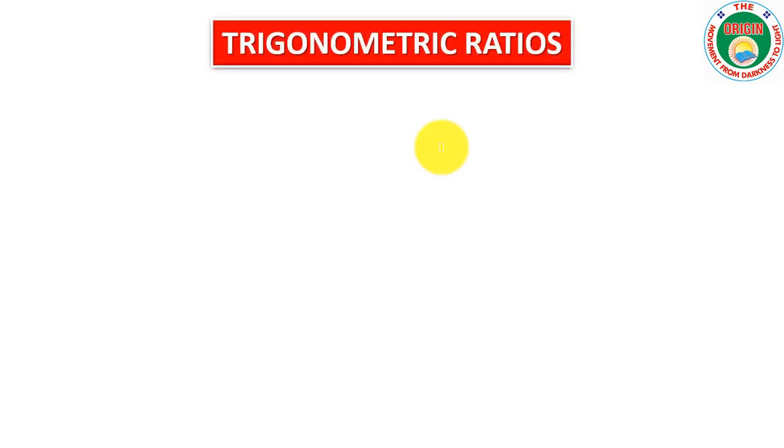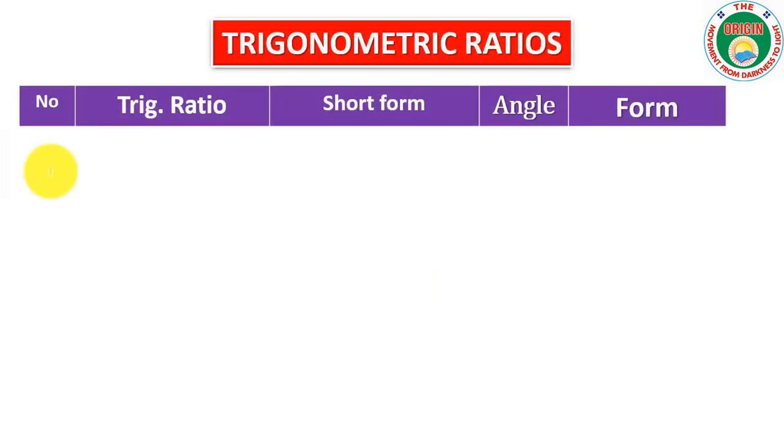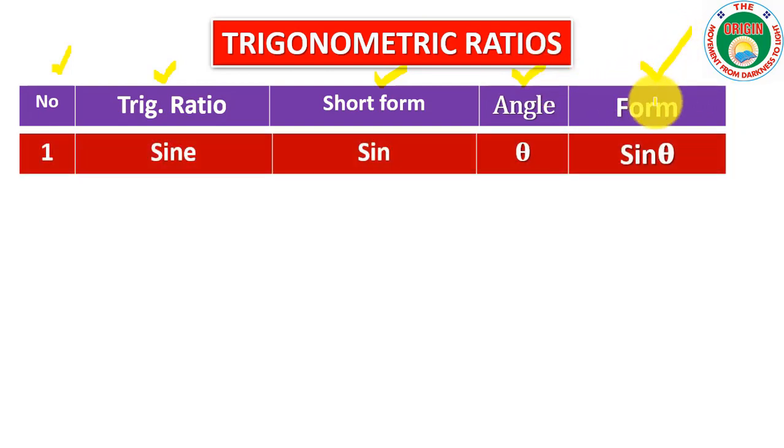Next, trigonometric ratios. A table has been given here. Observe the serial number, what the trigonometric ratio is, the short form, what angle I have taken here, and the notation. First one, the trigonometric ratio is sine.